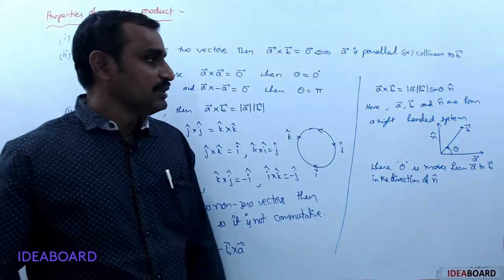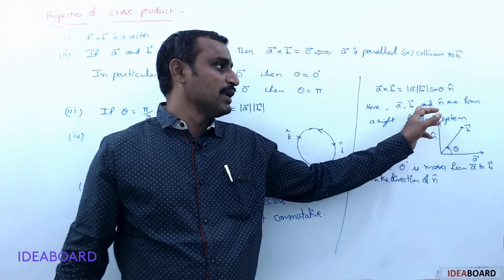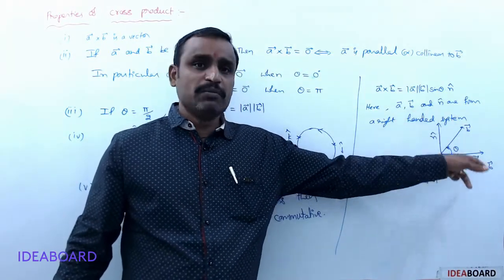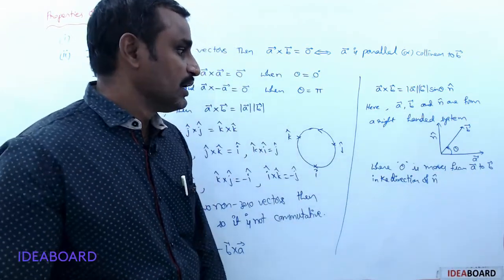So in this case, A bar, B bar and n cap form a right-handed system. Theta moves from A bar to B bar in the anti-clockwise direction. So now this is n cap.